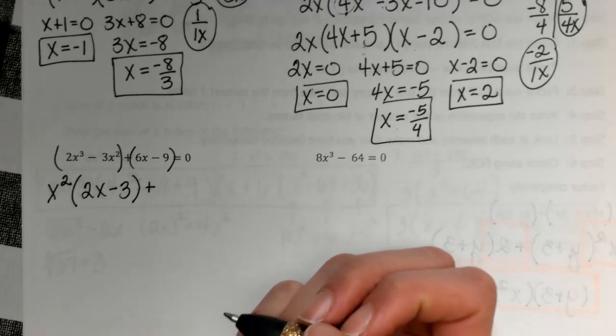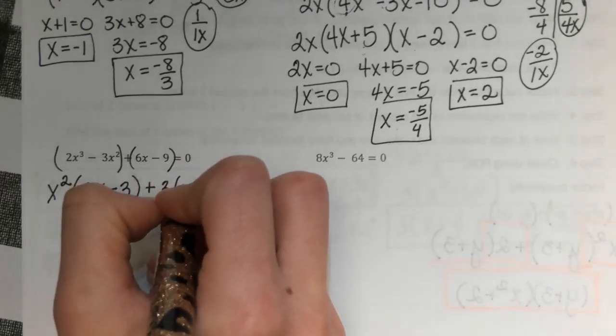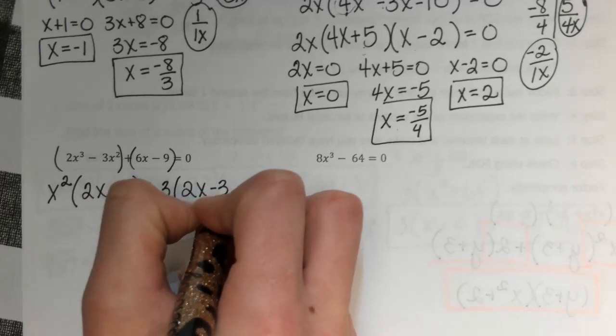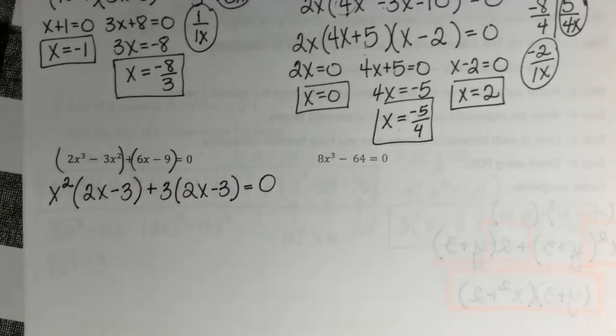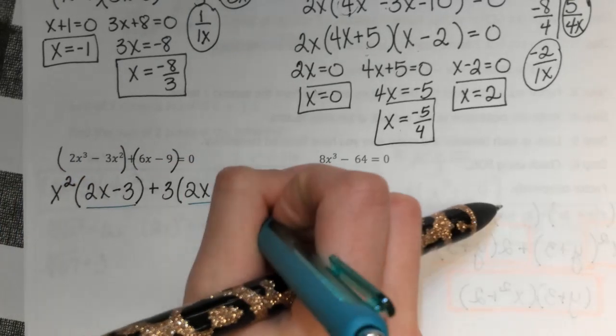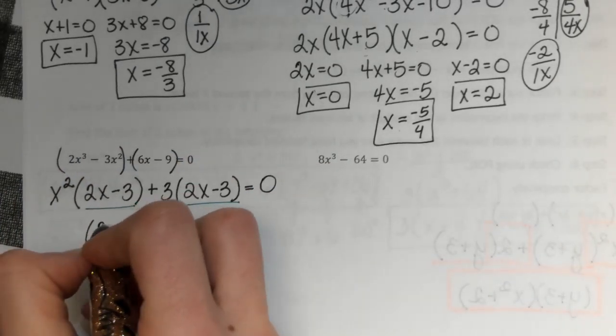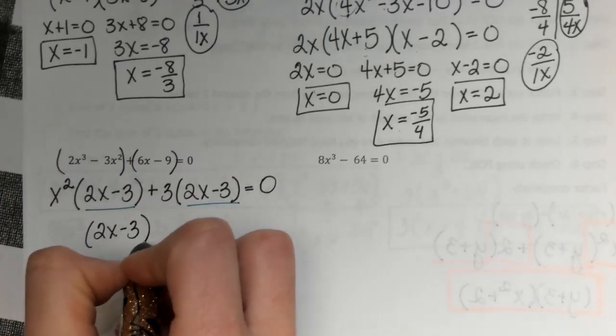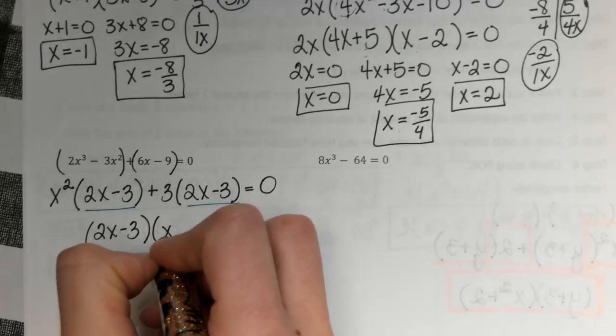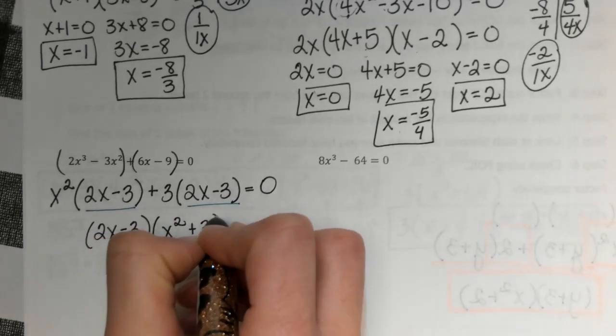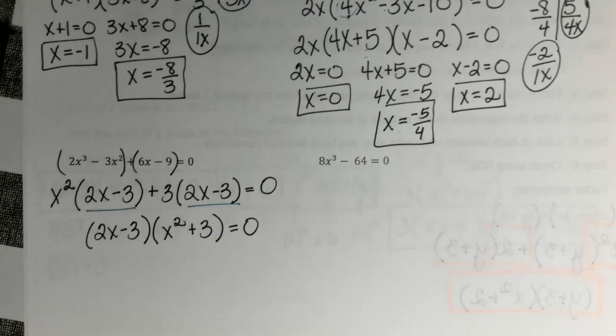I can take out 3, and that leaves me with 2x minus 3. Very good. That 2x minus 3, I factor out as my GCF. And that leaves me with x squared plus 3 equals 0.